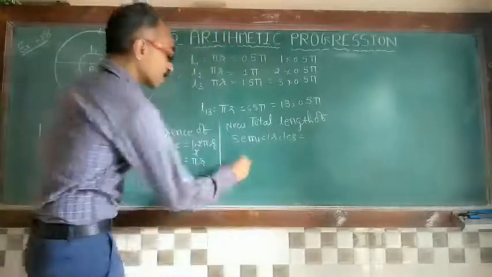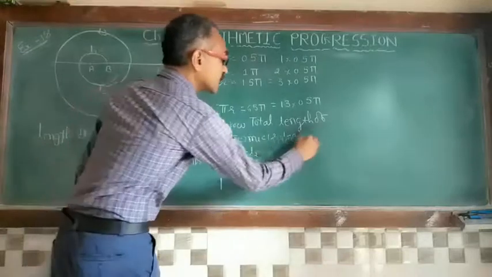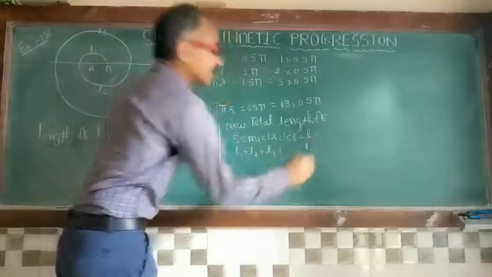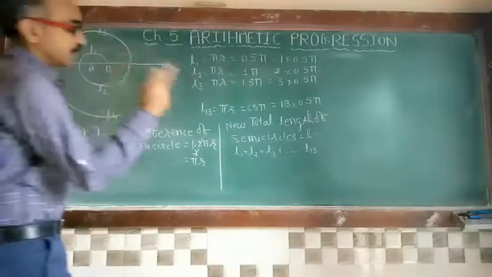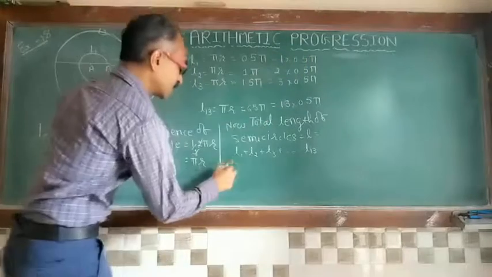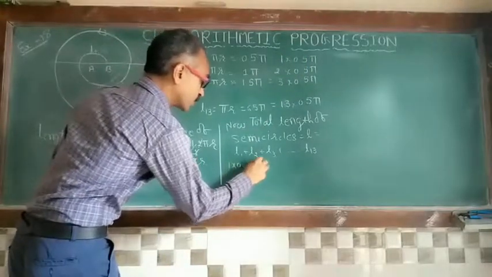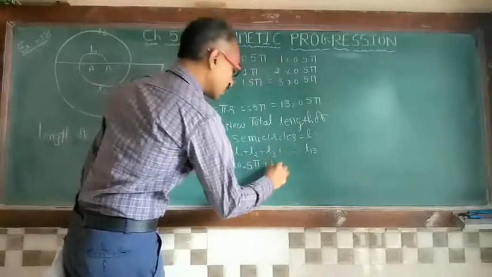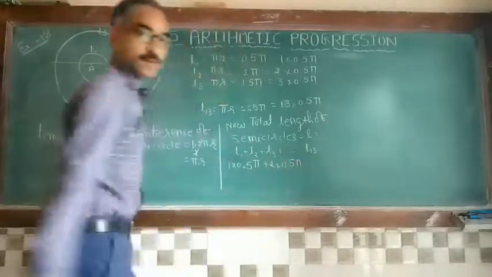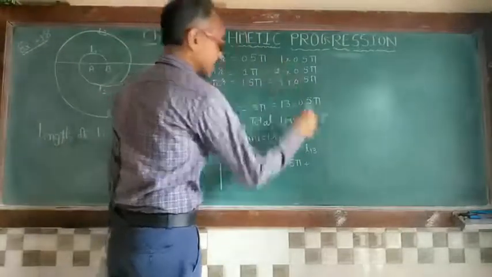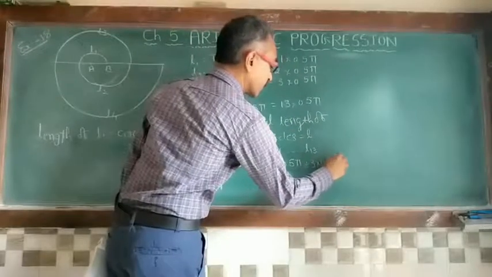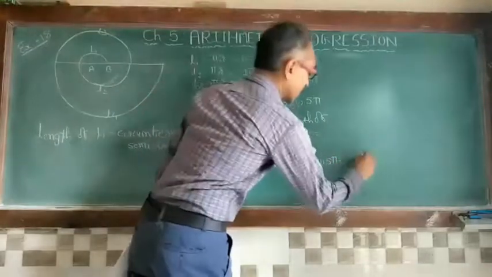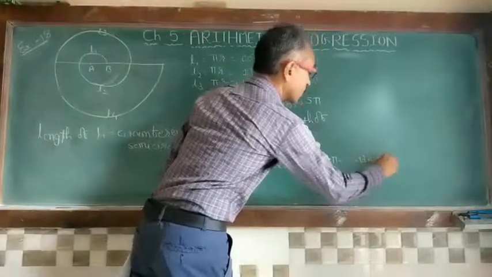is equal to, see, L is equal to L1 plus L2 plus L3 up to L13. You have to find this. Okay. Now the value of L1 is 1 into 0.5 pi, plus L2, that means 2 into 0.5 pi, plus L3, that is 3 into 0.5 pi, up to 13, that means plus 13 into 0.5 pi.